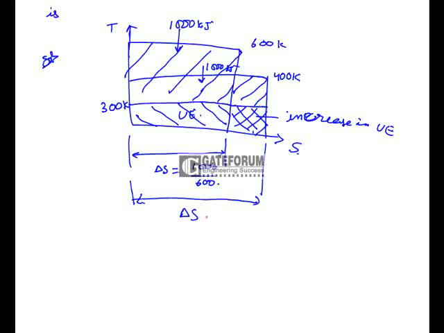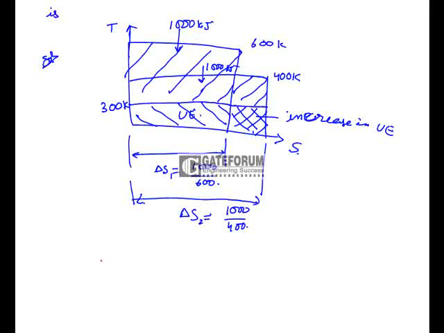So here this delta S is equal to 1000 by 400 Kelvin. Let us say this is delta S1 and delta S2. Now this area is nothing but the change in entropy between these two, into 300 Kelvin.